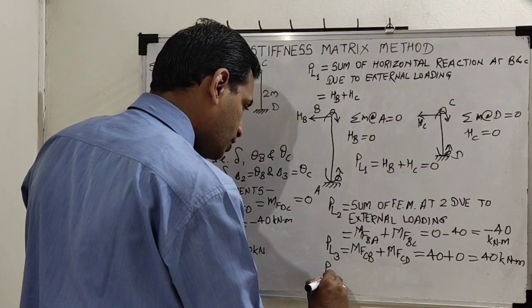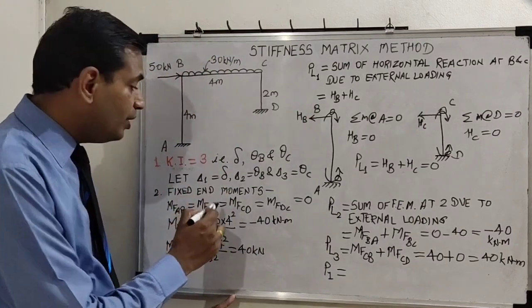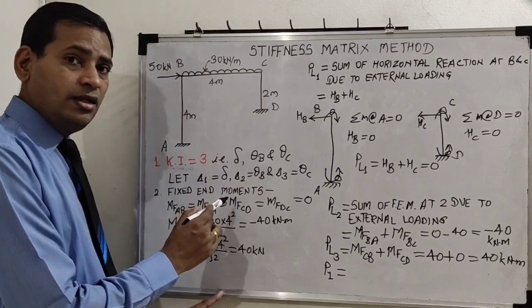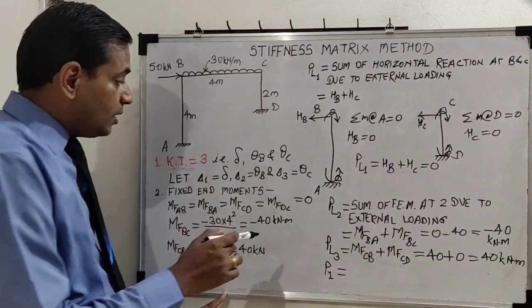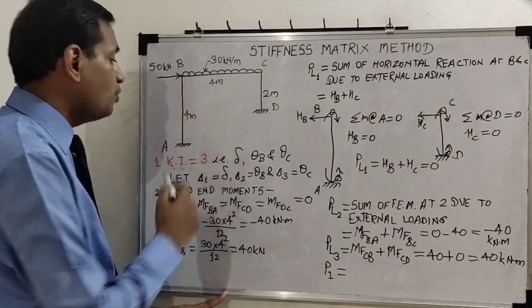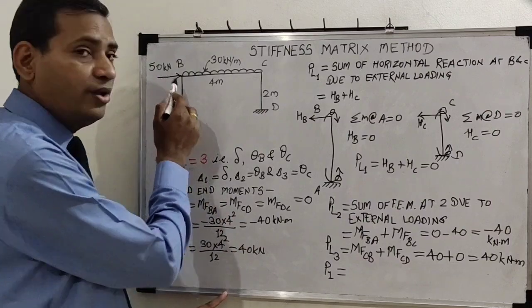Then P1. What is P1? P1 corresponds to the first unknown. First unknown is linear displacement. Linear displacement is caused by linear force. So at the first unknown location, that is on joint B, do we have any external horizontal force? Yes, 50 kilonewton.